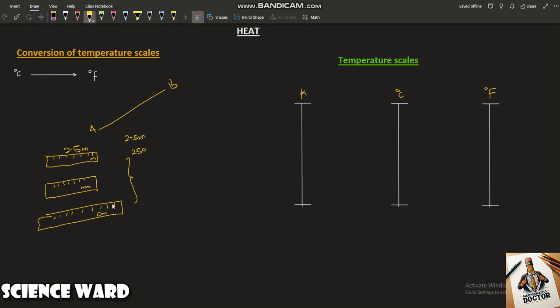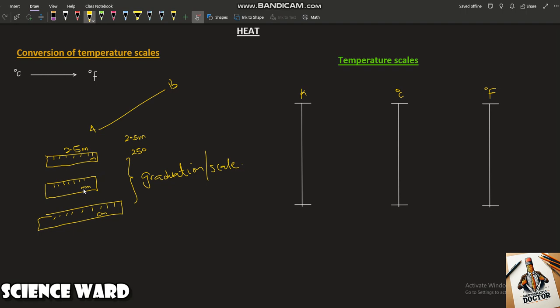And if I use the centimeter ruler to check the length, it is not going to be 2.5. Now, these are all rulers, but they have different graduation, or should I say, scale. The scale at which they are graduated is different from each other.